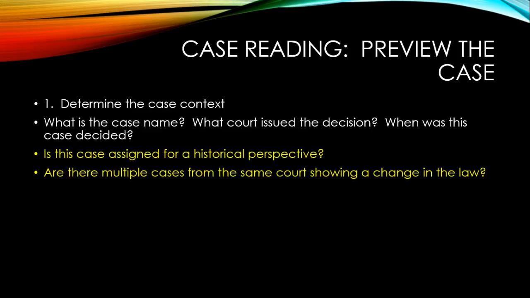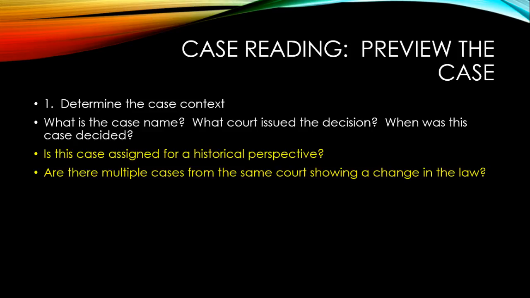So in torts, most of the cases that we read are from a variety of different state courts, and they're really designed to give you a basic understanding of tort law across the country. But sometimes we'll look at the same concept going through a particular court because that's where the law really evolved. So for example, in products liability, the concept of strict liability in products came from the California State Supreme Court.